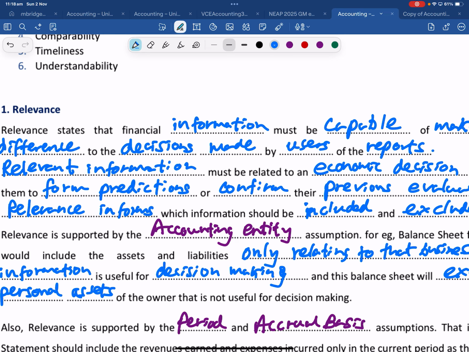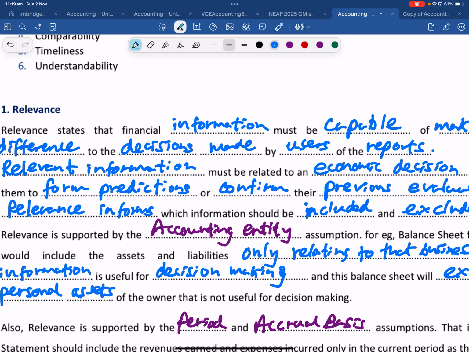Then relevant information must be related to an economic decision, right? So let's say we have a business and we are asking an investor, a partner, to join with us. Maybe your siblings, maybe your parents, whoever, or a friend. We are asking them to join our business.